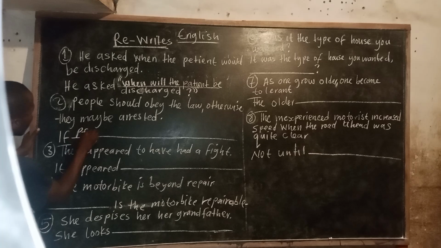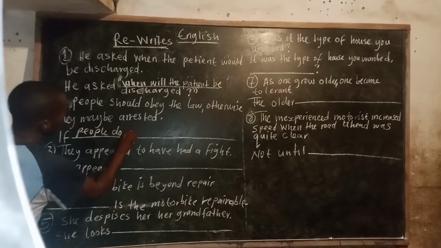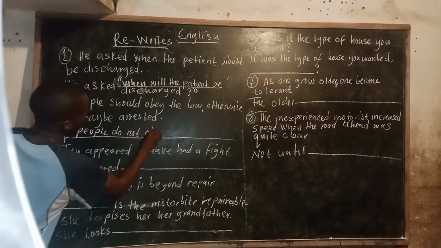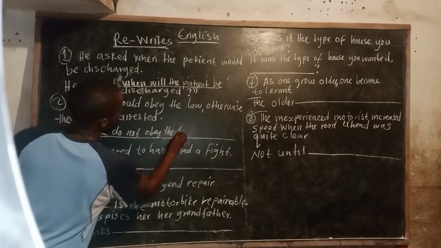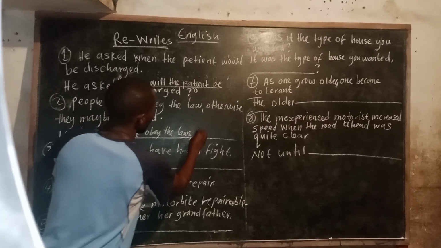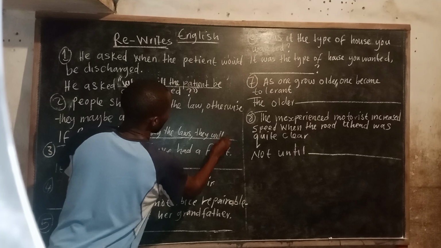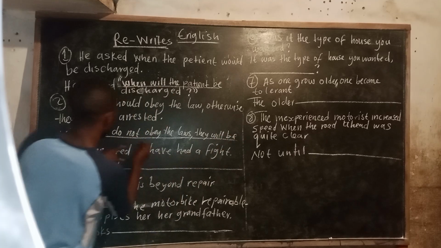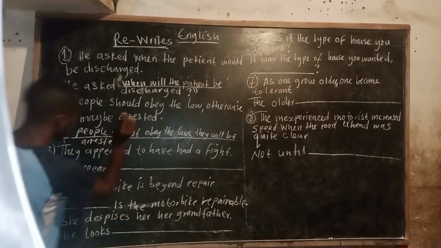If people do not obey the laws, comma, they will be arrested. Let me write the word arrested down. They will be arrested, full stop.